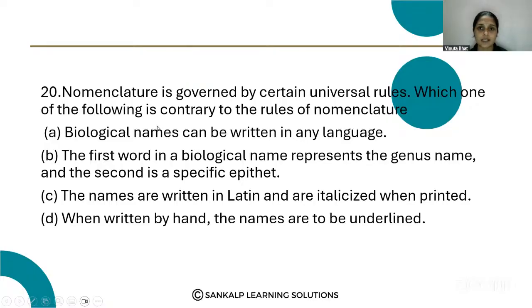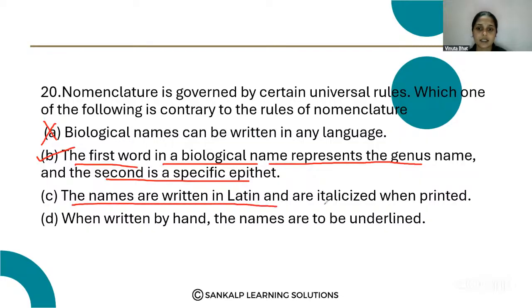Biological names can be written in any language. That is the wrong one. The first word in a biological name represents the genus, and the second is the specific epithet. The names are written in Latin and italicized when printed. That is the correct one. When written by hand, the names are to be underlined.